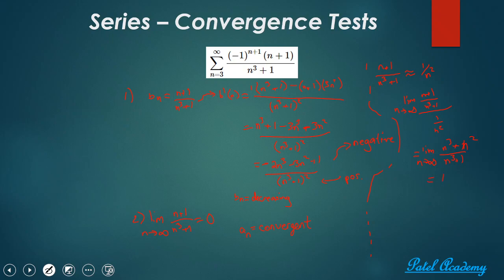And so because 1 is a finite and positive number, the series (n+1)/(n^3+1) will converge. And so a_n, the original series, is convergent absolutely, because we tested it by the alternating series test, and then we also used the limit comparison test to ensure that the absolute value of the function, which is right here, is convergent as well.